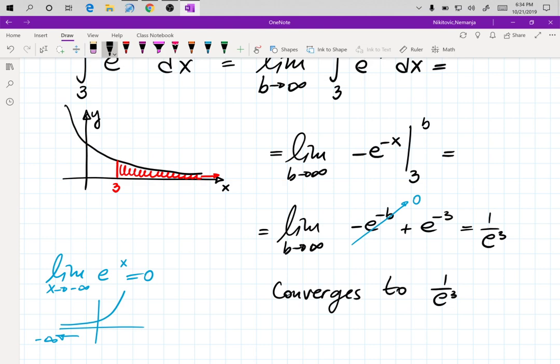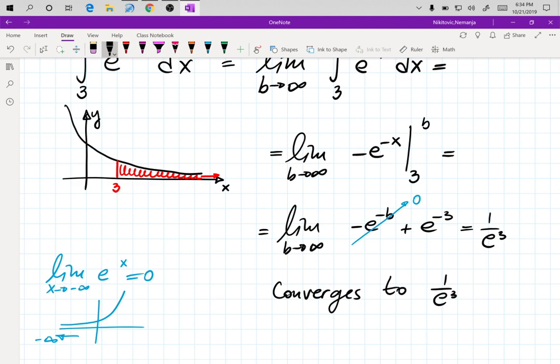Let's try another problem. So say you have the integral from 3 to infinity of 1 over x dx. Doesn't that look pretty much the same as the e to the negative x?